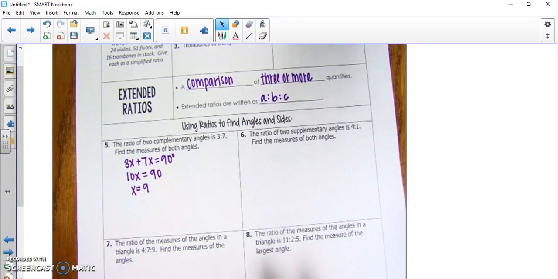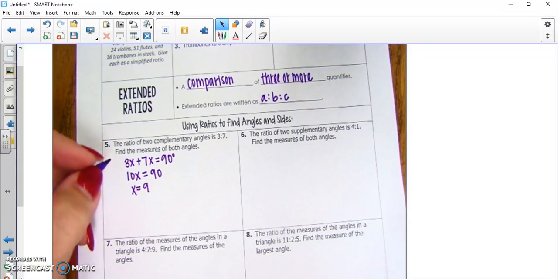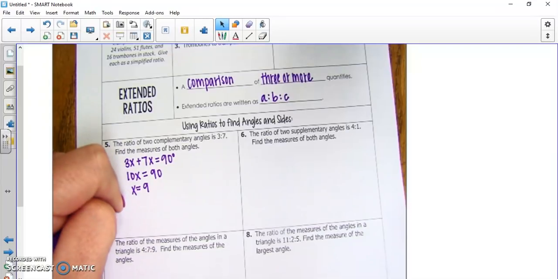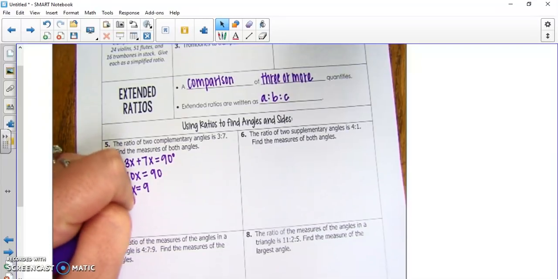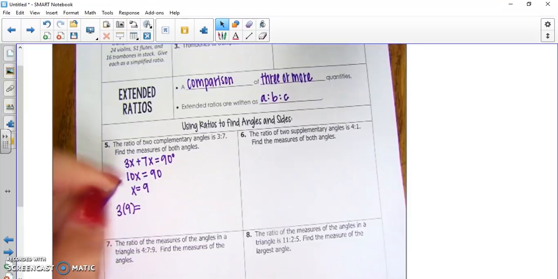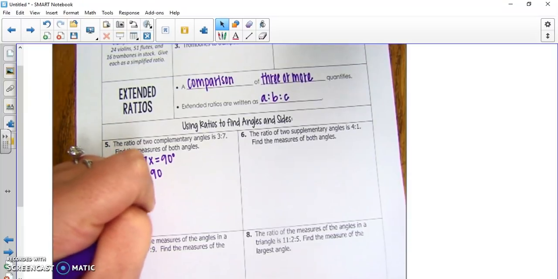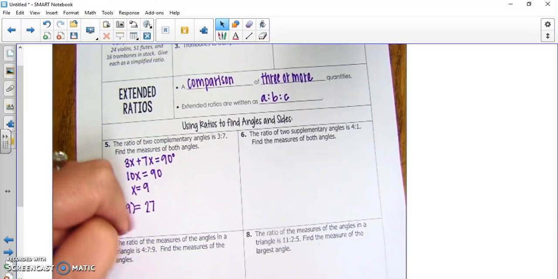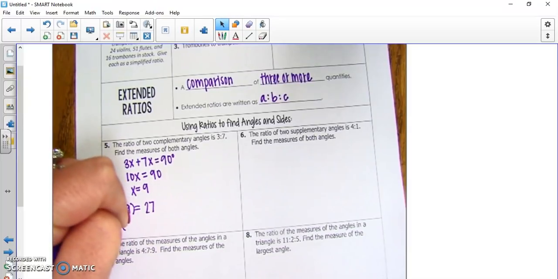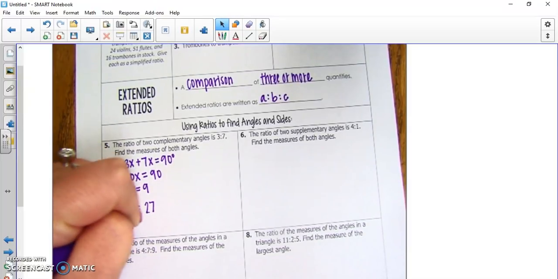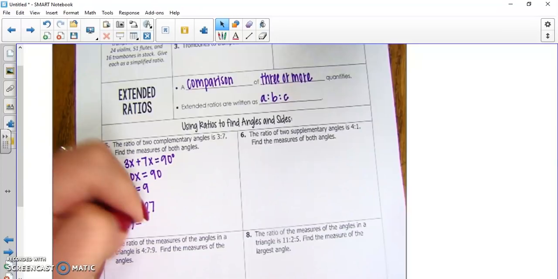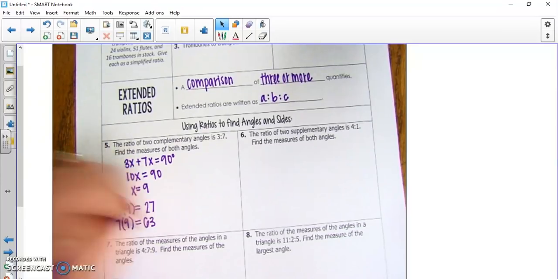So now we need to find the measures of both angles. So we're just going to plug that back in. So we have 3 times 9, which equals 27. And then we also have 7 times 9, which is going to equal 63.